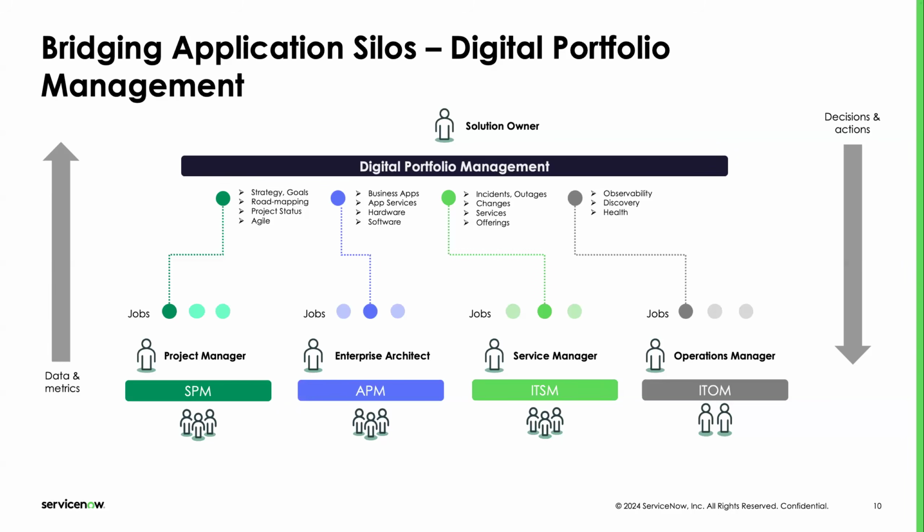Okay, I do see a question about what is a service, that what we're talking about here. So one of the things that DPM does is we really focus on and align to what we call the common services data model at ServiceNow. So there's different kinds of services. And when we're talking about services, we're including business services and technical services.